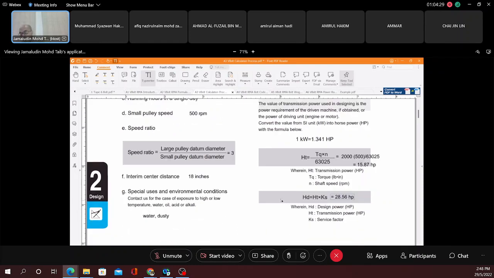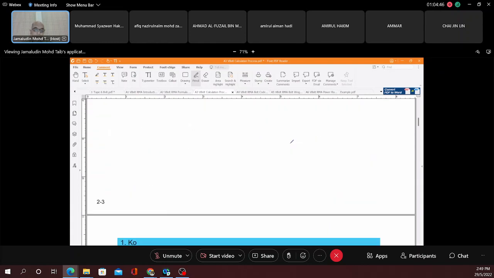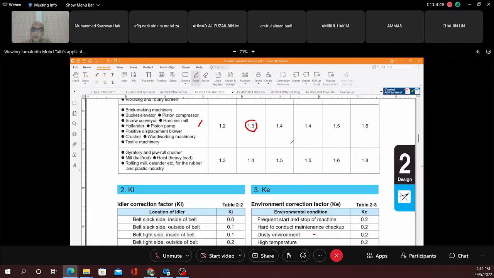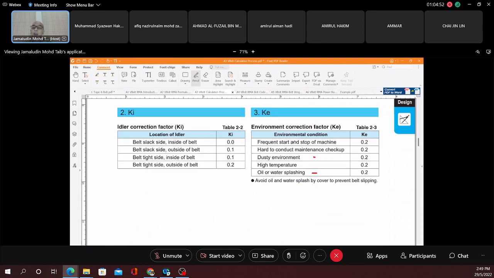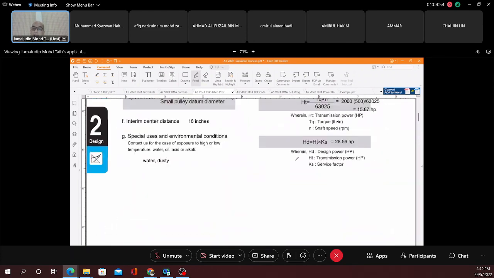Right. Then I think this is straightforward as well. Plug the value from the information you have into the equation, except for anything in kilowatt, convert to horsepower first. Okay, done. Step 1, step 2, step 3 done. Except what you need to understand is the slack side and the tight side.